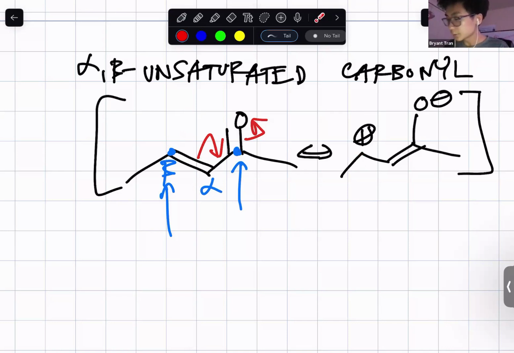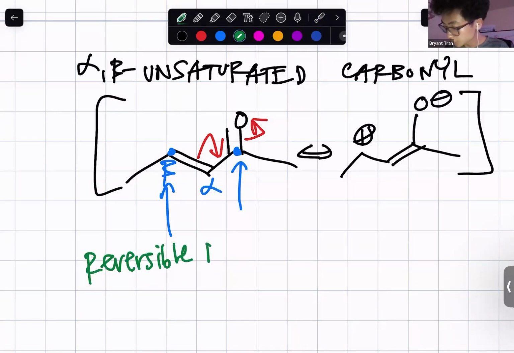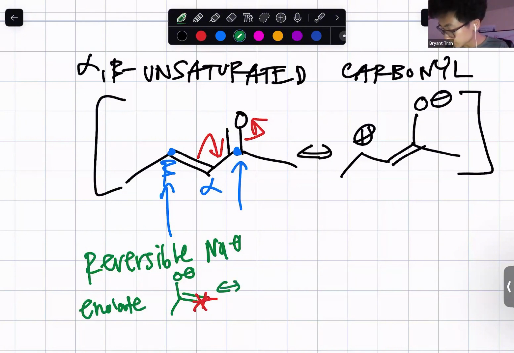So the nucleophiles that would attack this beta carbon are going to be reversible nucleophiles. Those are things like enolate ions. So something like this, but the nucleophile is not the O minus, it's that alpha carbon right there. That is the same thing as this. The red star is the nucleophile.